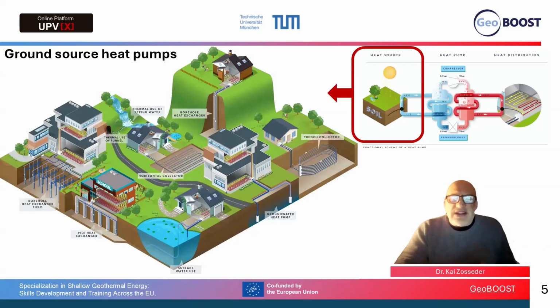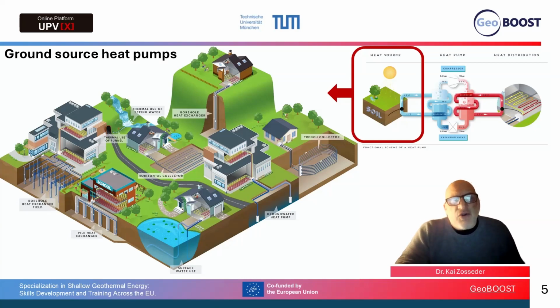We always have closed loop systems and open loop systems. We see here some closed loop systems like a trench collector, horizontal collectors or very shallow pipes dug in the underground just a few meters under the surface. We have vertical pipes here, so there's a borehole heat exchanger.